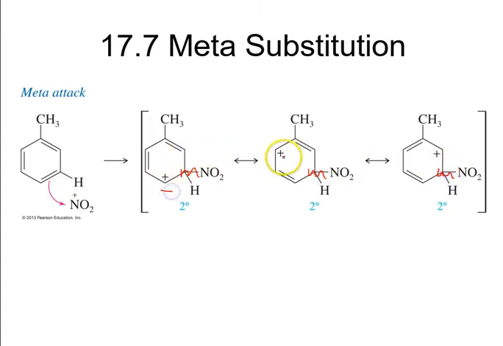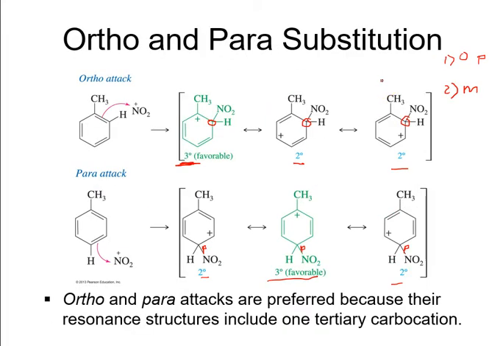Notice all 3 structures are secondary carbocations. In the ortho-para case, 2 of them are secondaries, 1 of them is this more favorable tertiary. So based on the stability of the intermediates, you get mostly ortho-para substitutions.